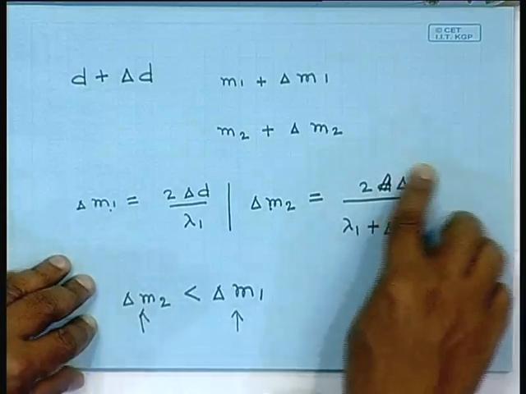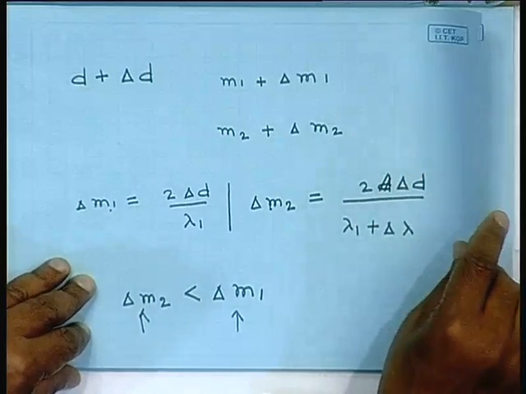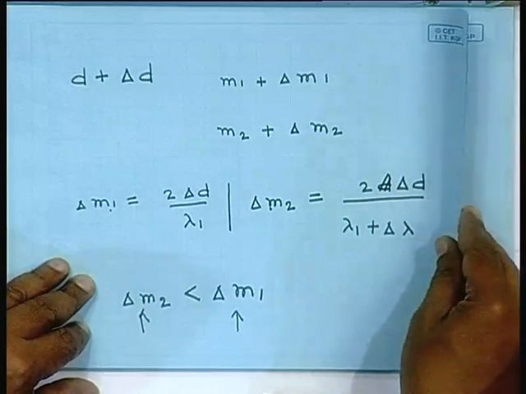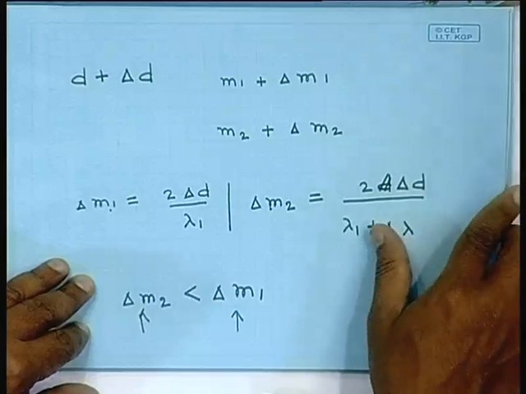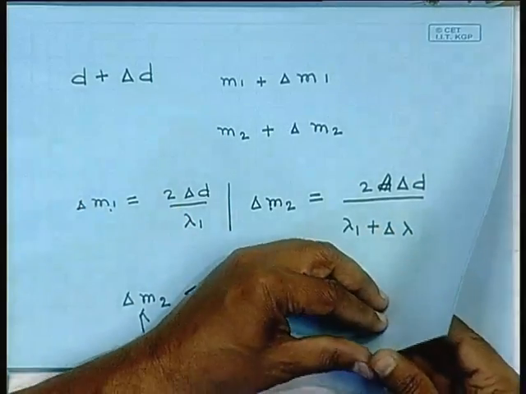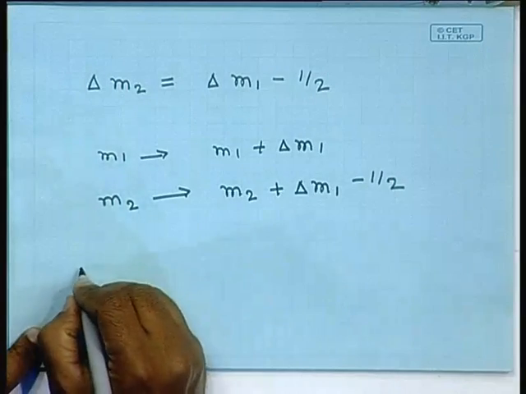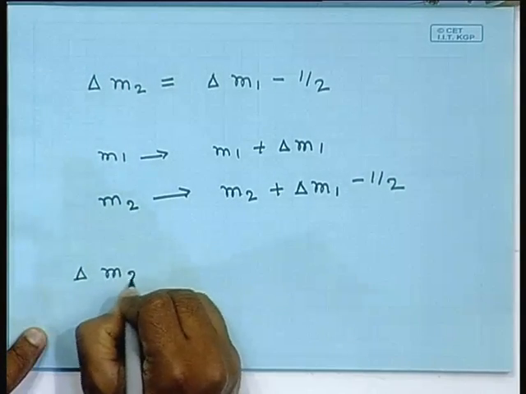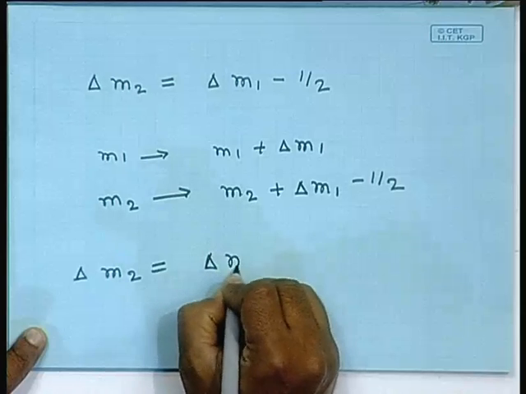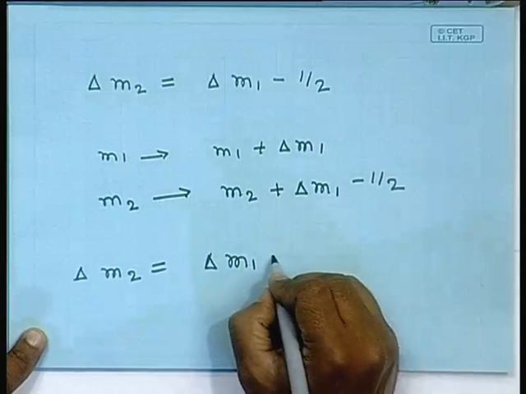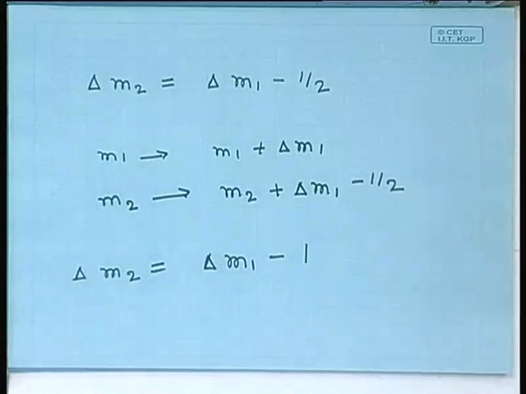So, if I move one of the mirrors sufficiently far away, so that delta d is sufficiently large, the changes in the two orders of the two fringes differ by 1.